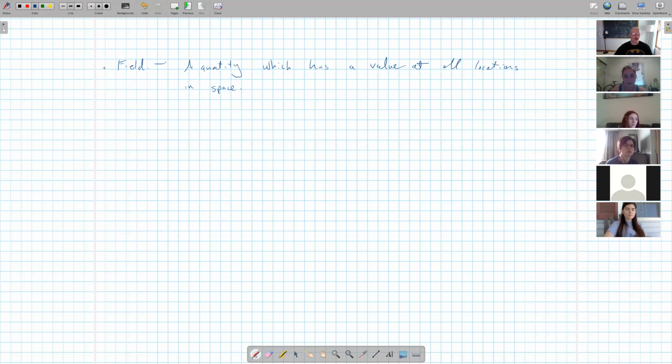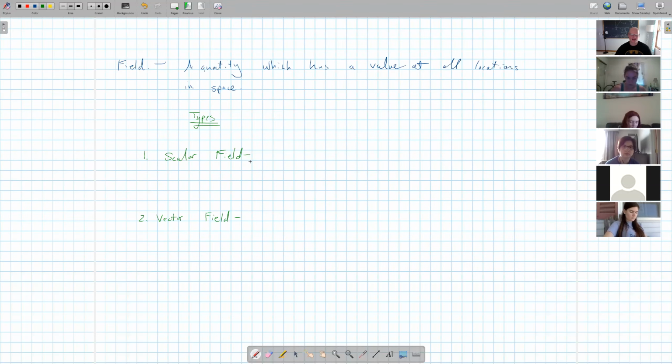Now, it turns out there are, for our purposes, two types of fields. The first type is what's known as a scalar field. And the second type is what's known as a vector field. So what's the difference? Well, a scalar field is a quantity which has a value at all locations in space, just like a regular scalar.